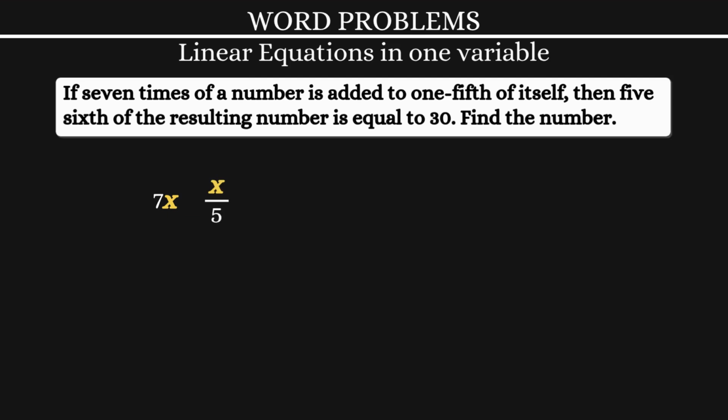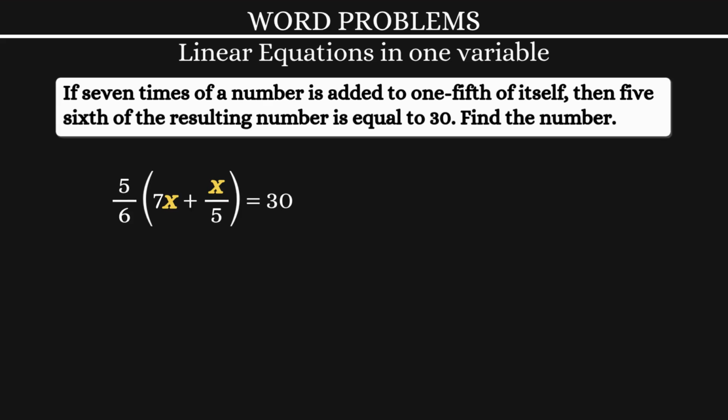Now, these two are to be added. Then we take 5/6 of this entire number. So, we'll multiply the whole expression by 5 by 6. This will be equal to 30.